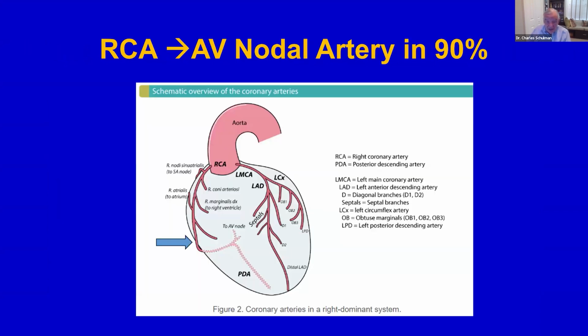The right coronary artery feeds the AV node in 90% of people, so that heart block is from AV nodal ischemia. It generally resolves on its own, and no pacemaker is generally needed.